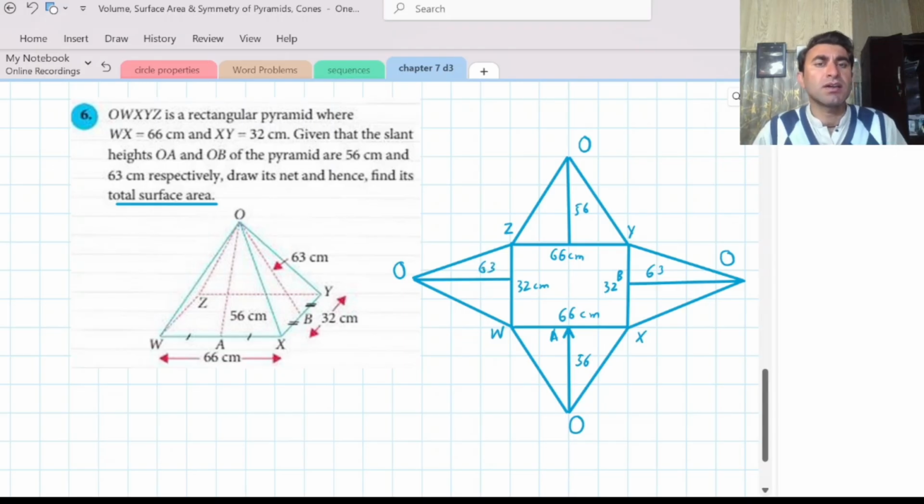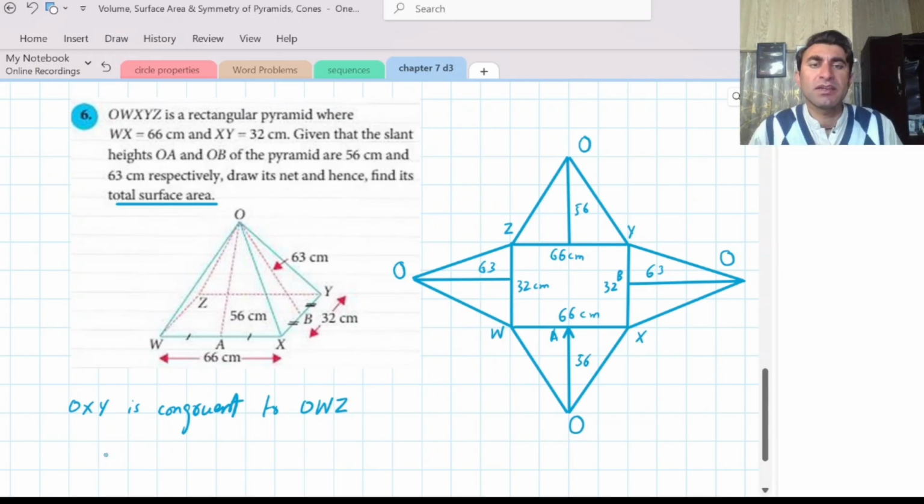centimeters. Now, in order to calculate the areas of all these shapes, first remember that the triangle OXY is congruent to the triangle opposite to it, which is OWZ, so that their areas are equal.